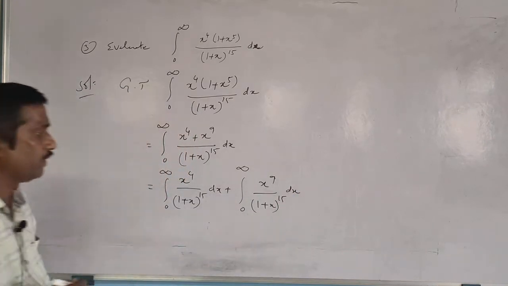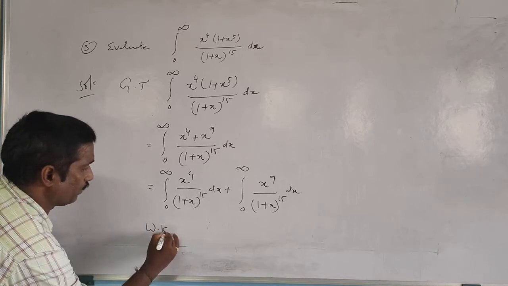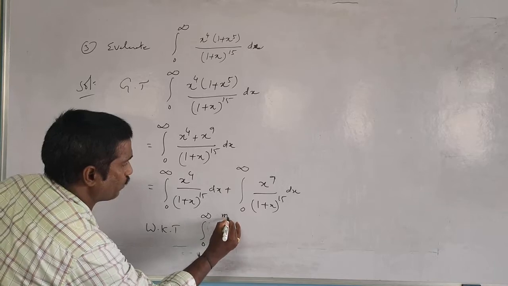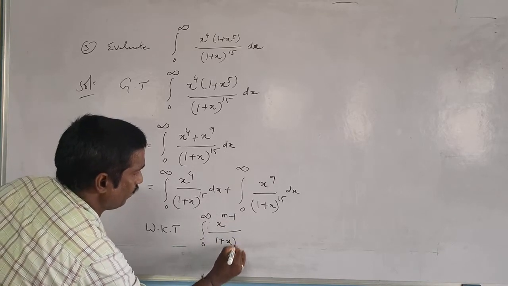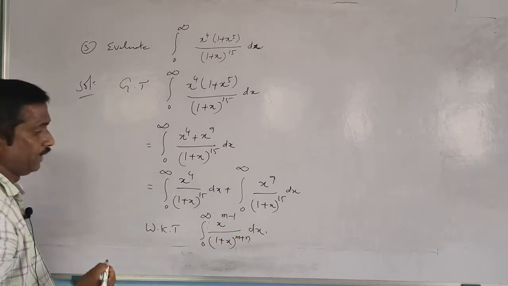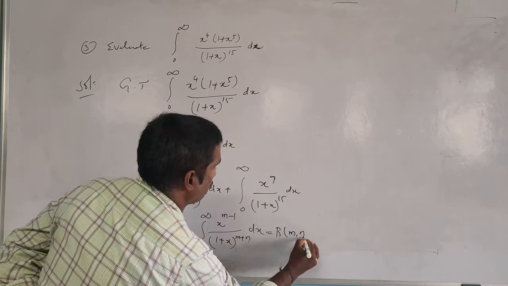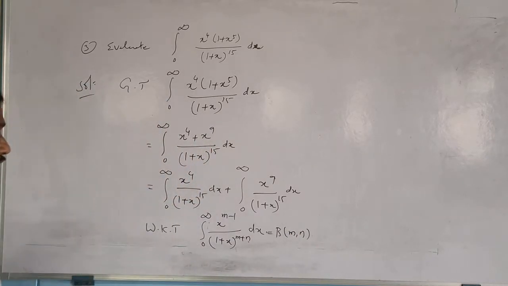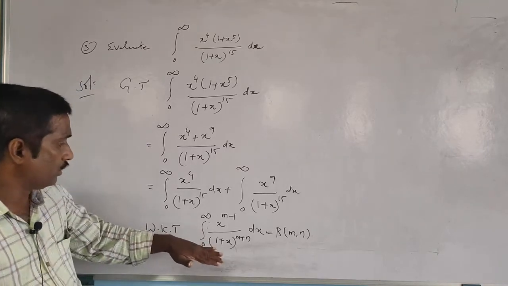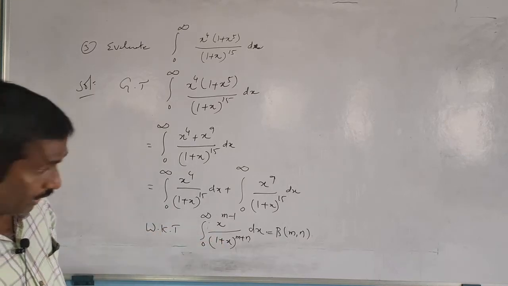So here apply one formula. We know that the integral from 0 to infinity of x power m minus 1 by (1 plus x) whole power m plus n into dx equals beta of m comma n. Now compare the above integral with the given formula.